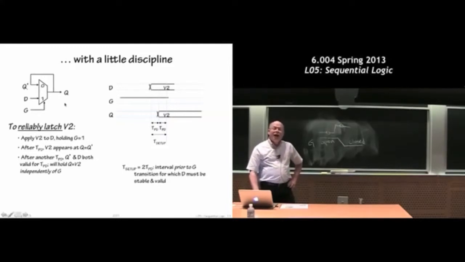And with our very simple timing model, we have to wait for another TPD for every node inside the circuit to know that these are both now at the same value, D and Q prime. Once that's true, we can use the lenience property of the mux to change the G signal without worrying about corrupting the output. Does that make sense? So that's why we have to wait that second TPD.